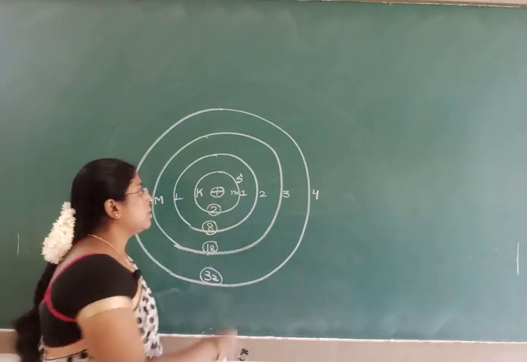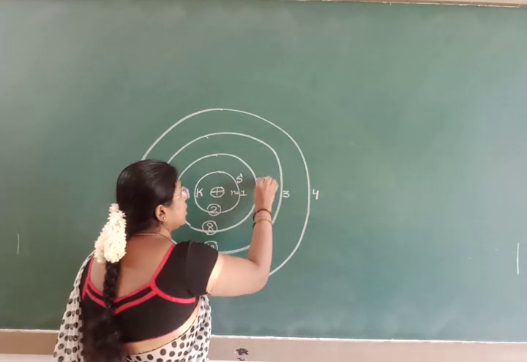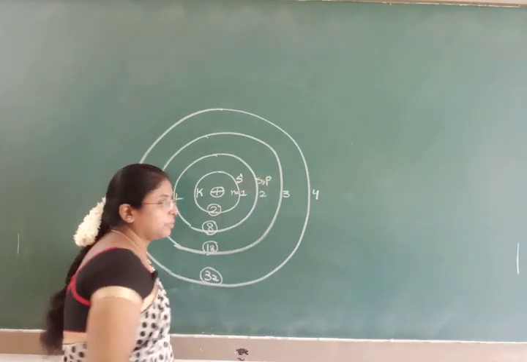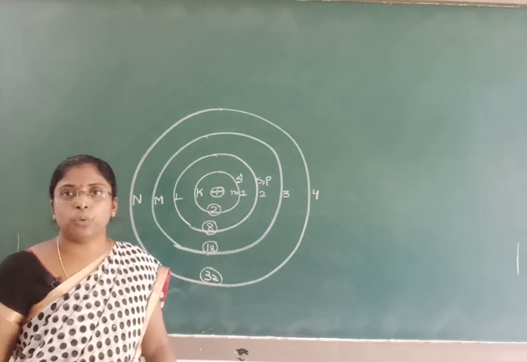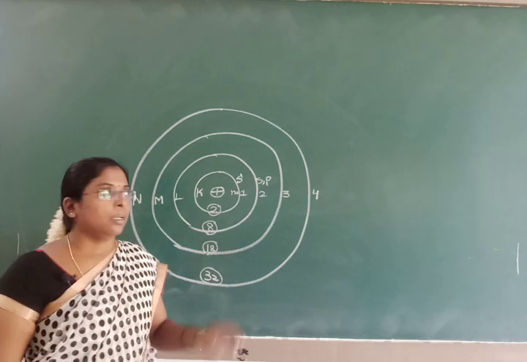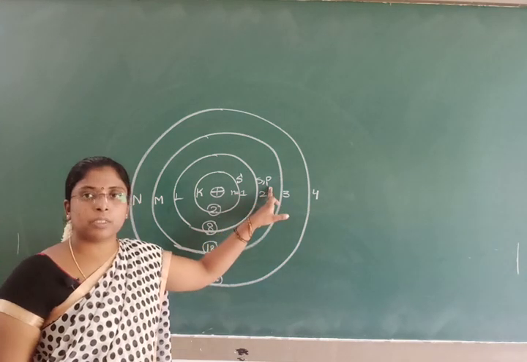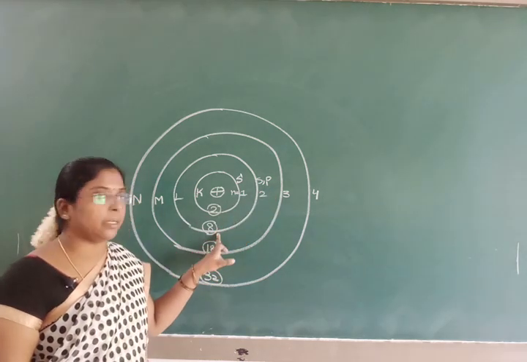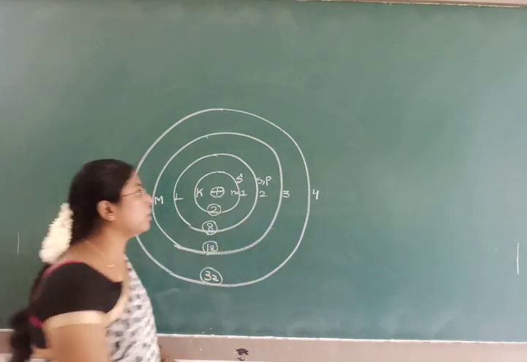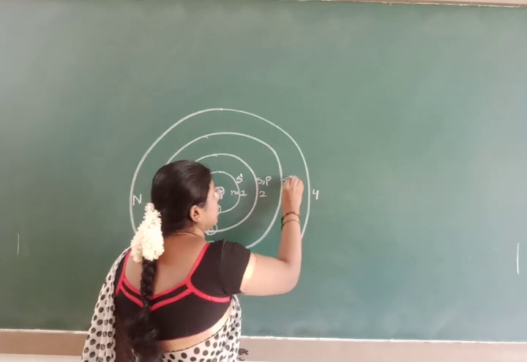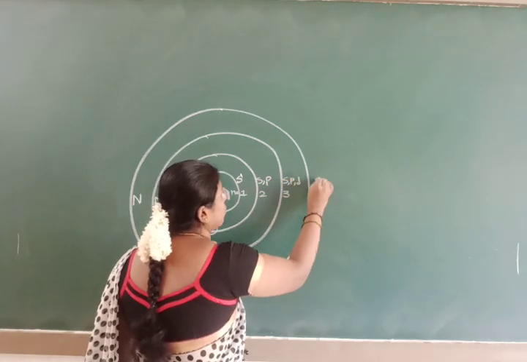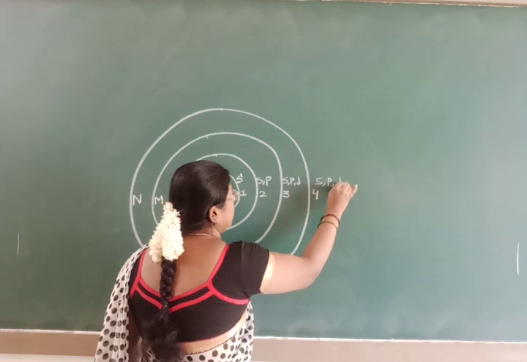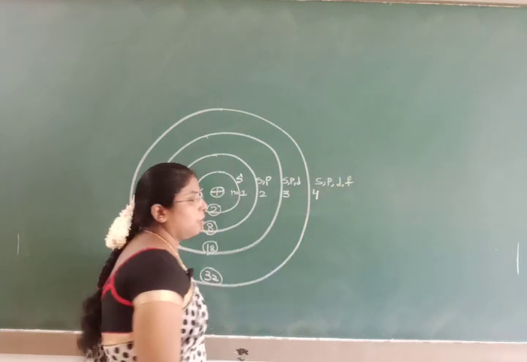The second shell has S as well as P orbitals. S capacity is 2, and P has 3 further subshells, Px, Py and Pz. In total it can accommodate 8 electrons. The third shell has S, P, D, and the fourth has S, P, D as well as F orbitals.